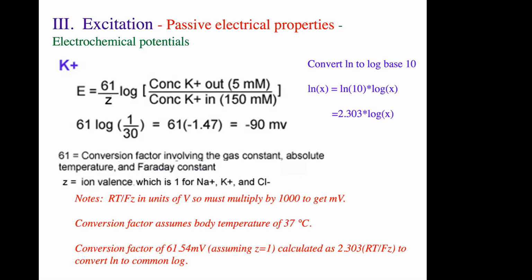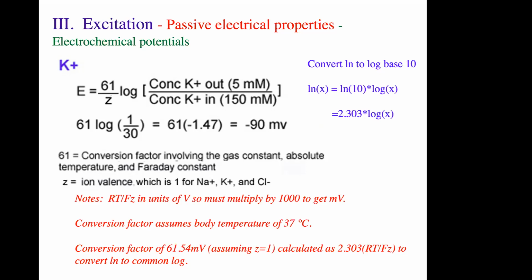So is all of this just getting everything in the same units? Actually, when this is all calculated, it will come out in volts, and we want millivolts, which is the first note that I have here in red, where it says RT/FC is in units of volts.